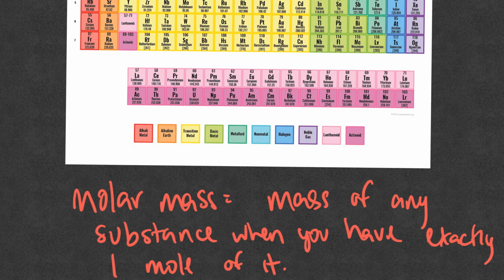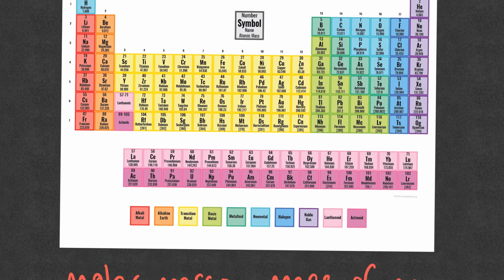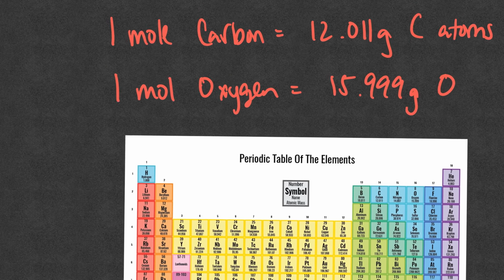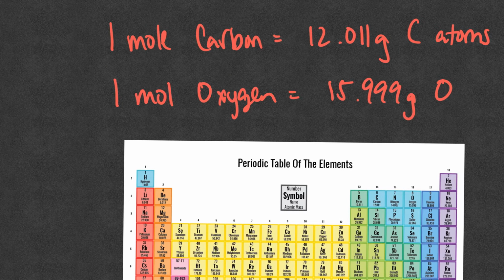So going back up here, the mass of 1 mole of carbon is 12.011 grams. If you had 1 mole of oxygen atoms, its mass is exactly 15.999 grams of oxygen.